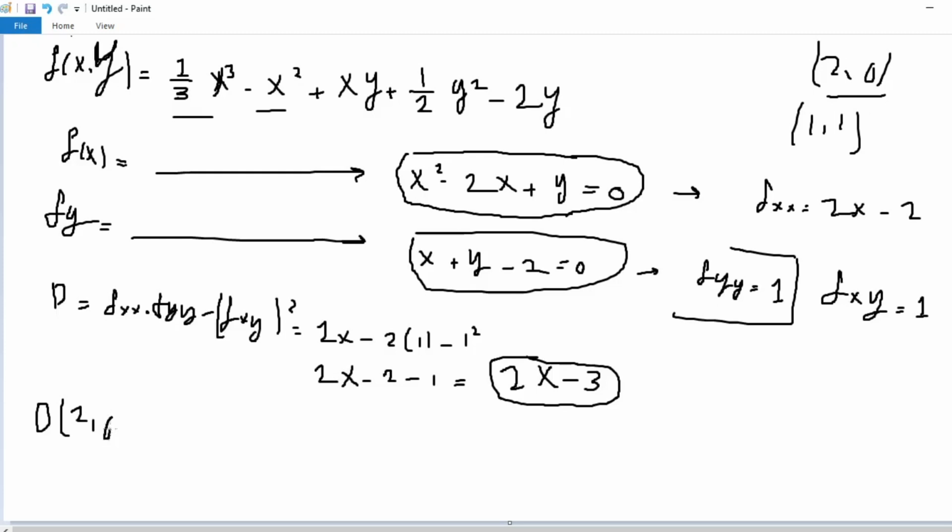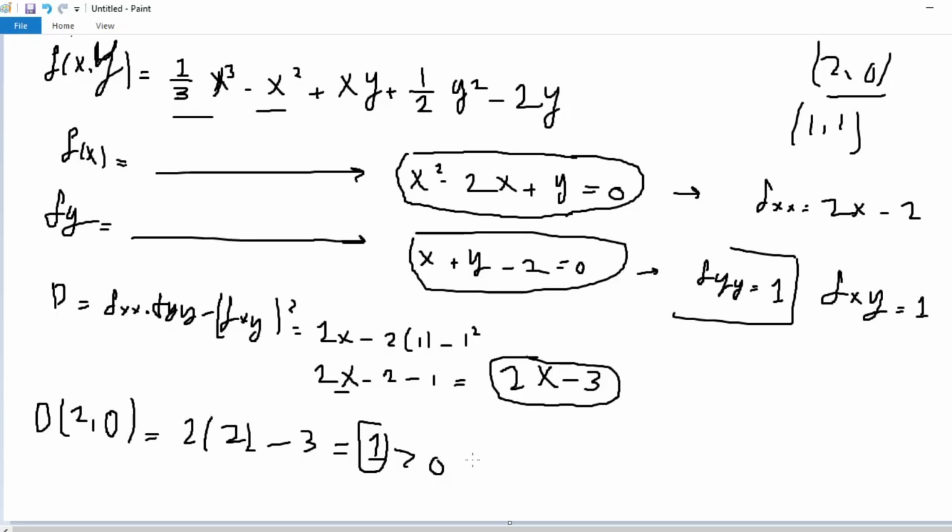So let's write (2, 0), and it's going to be 2 times 2 minus 3, using the fast way with this equation. So 2 times 2 is 4, minus 3 is 1. So 1 is greater than 0, right?